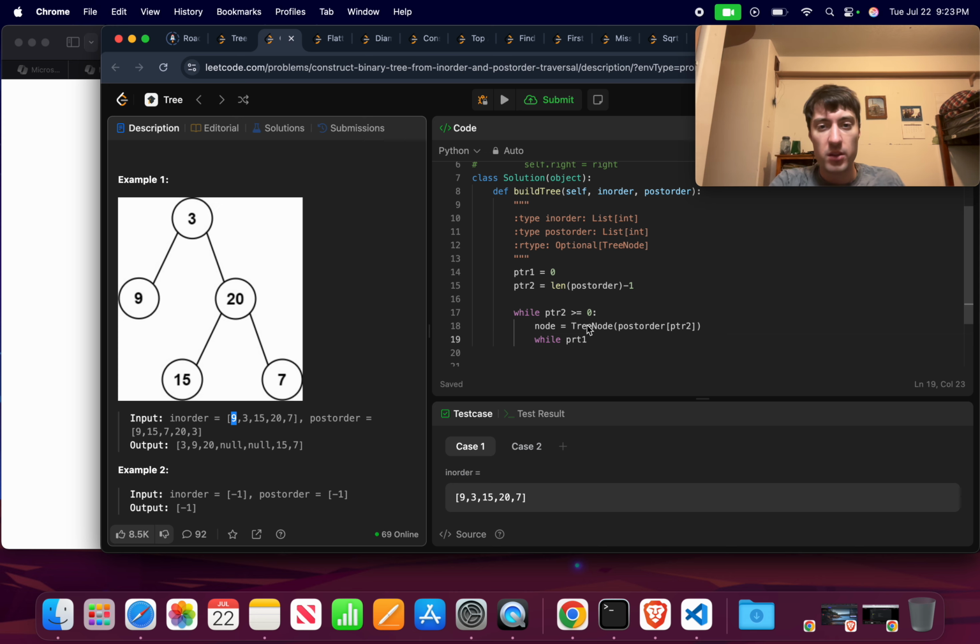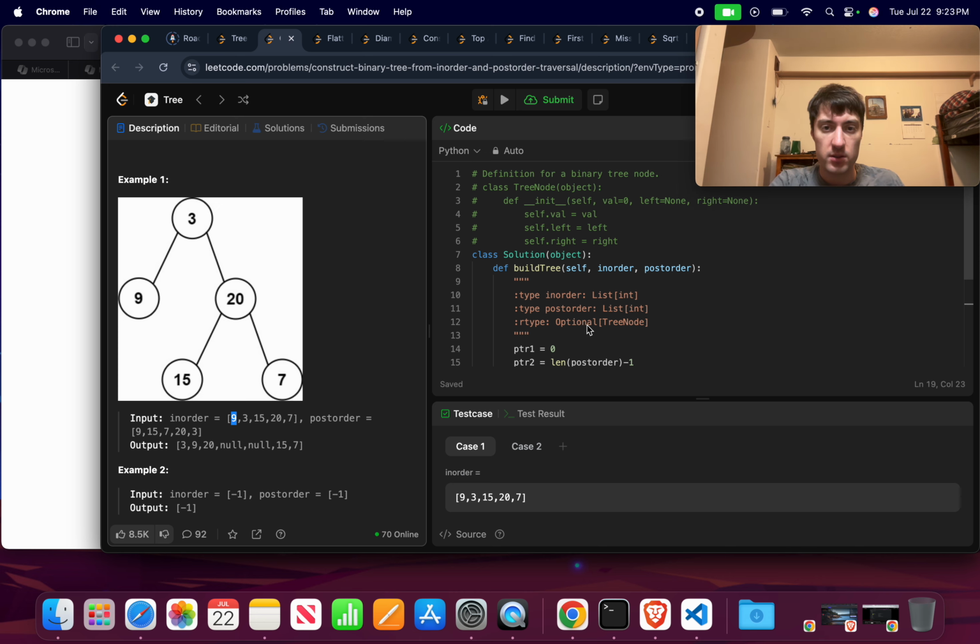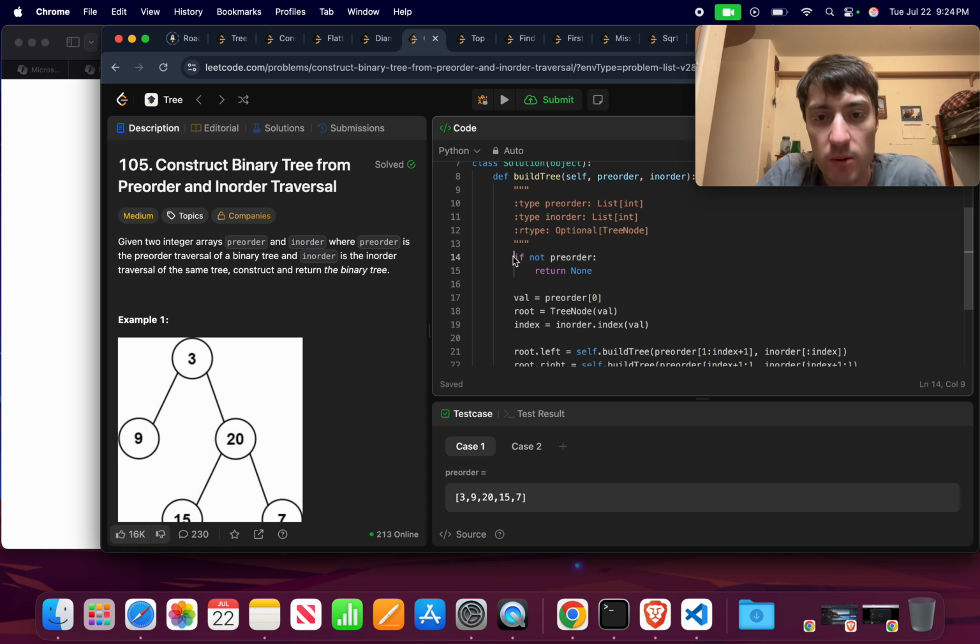All right, so what I think I'm going to do is go and look at the old problem. I'm going to go look at the old problem and see, it might even be here. Here it is. I'm going to see how I solved it in the old problem. Now we're given the pre-order and the in order, okay?